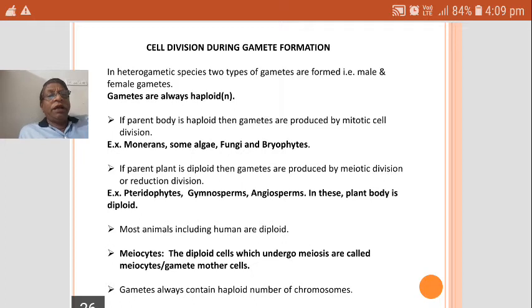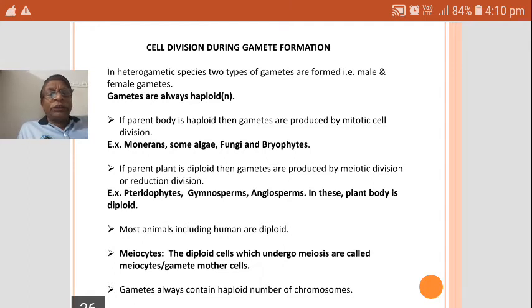In diploid organisms, during gamete formation, the reduction division takes place or meiosis takes place.